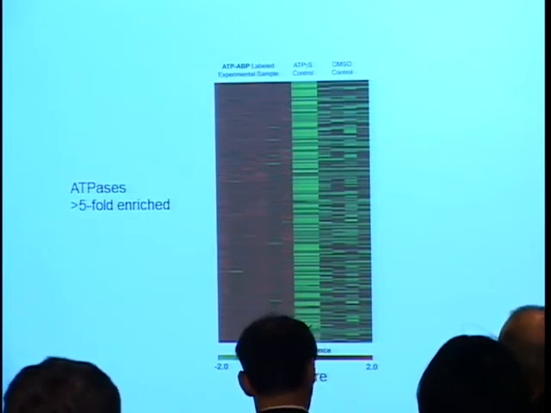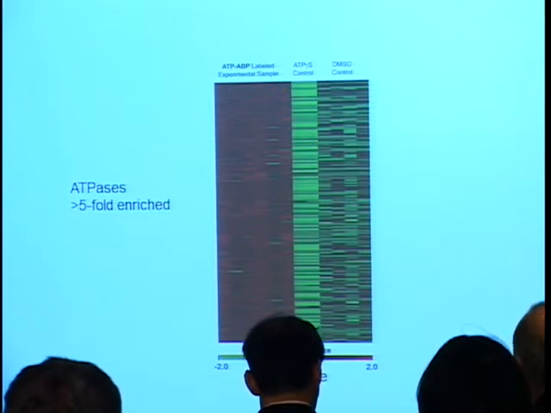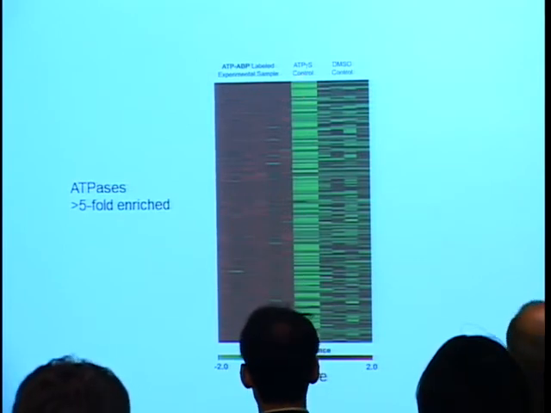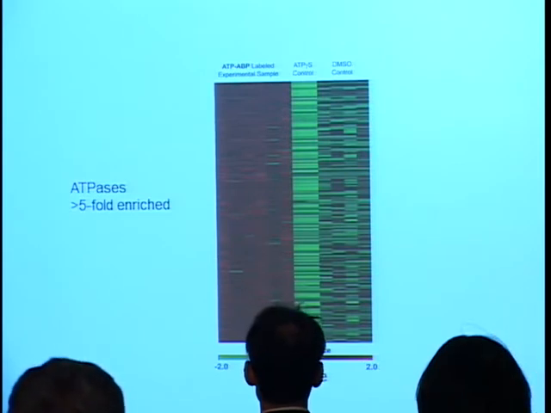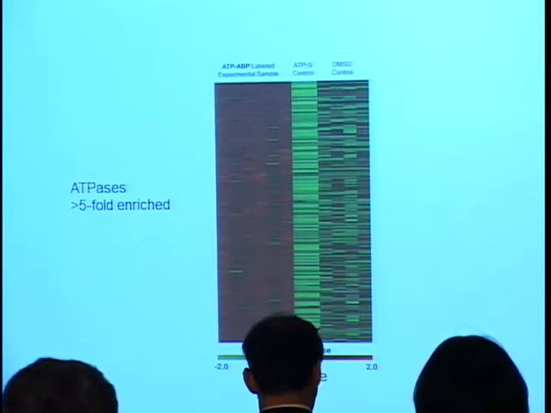And we only chose those that were actually 5-fold enriched in the probe labeled versus control samples. So you can see the replicates look very similar. This is, I think, an important control, because with this ATP gamma S competition control, you can actually show that all of these proteins do bind ATP and not just some reactive surface lysine residue.